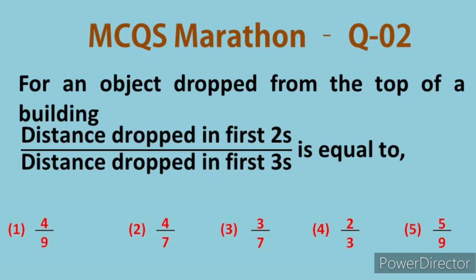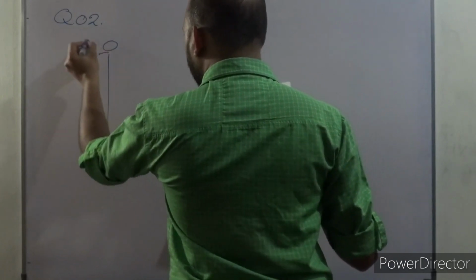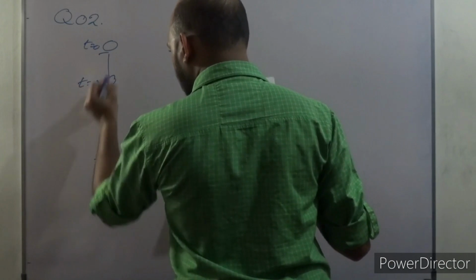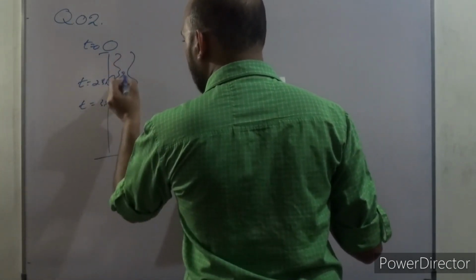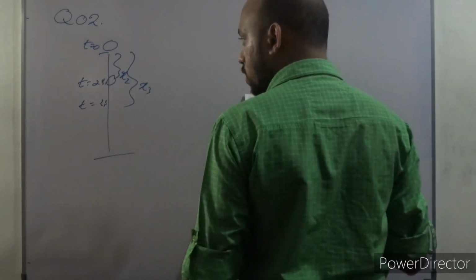Next question: when an object is dropped from the top of a building, the distance dropped in the first 2 seconds divided by the distance dropped in the first 3 seconds is equal to... it asks about the ratio of distances. Here at the drop, t equals 0, here after 2 seconds, here after 3 seconds, x2 and x3. We ask about the ratio.